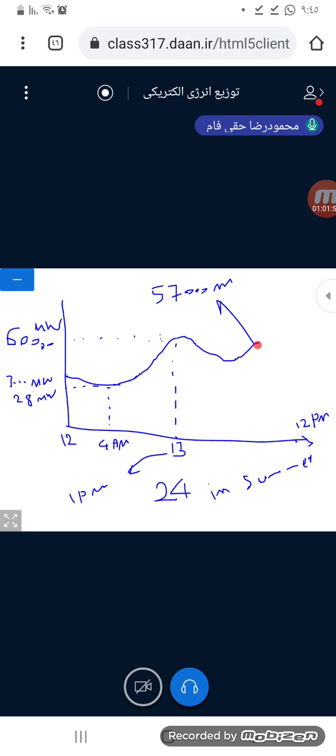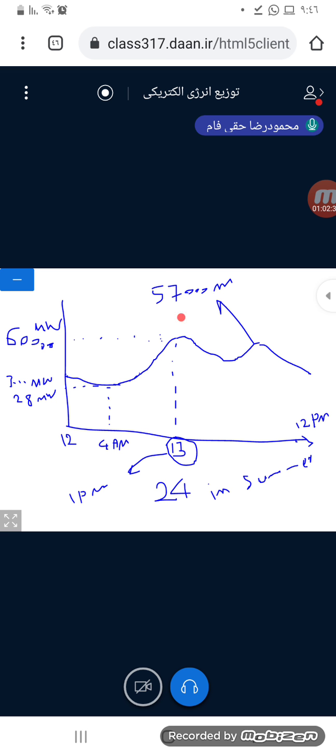And then, for example, this is the curve of the Iran overall electricity consumption yesterday. At 1 o'clock in the afternoon, we reached 60,000 megawatts. It is very, very high demand. And in the night, it reached 57 megawatts.